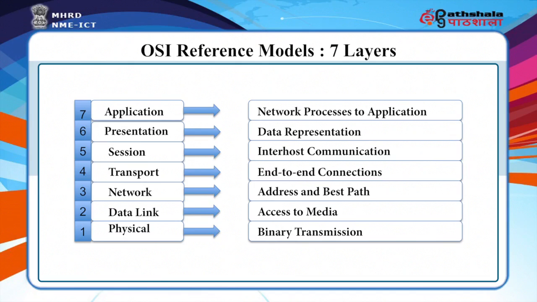The 7 layers of the OSI model define various responsibilities at different layers when an application is passed on to the network. The top 4 layers are basically application-oriented layers, and the bottom 3 layers are generally network-related layers.